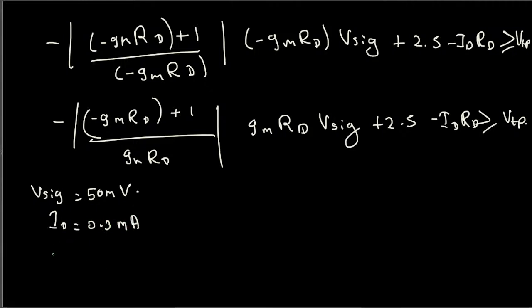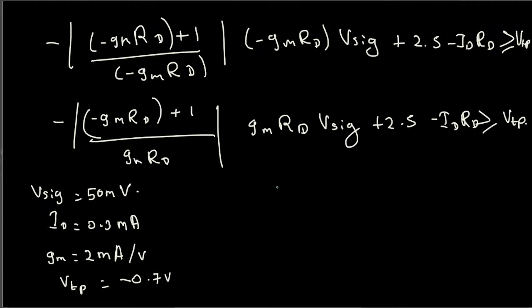Then we have GM, the transconductance, which is 2 milliampere per volt, and also we know the threshold voltage for the PMOS, VTP, equal to minus 0.7 volt. So we have all these values, and we have to just solve for RD. In this case, RD is the only unknown here.